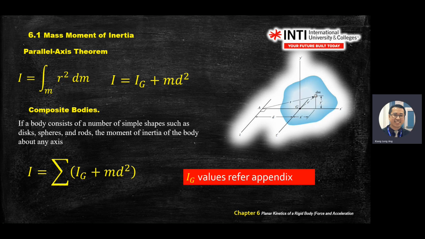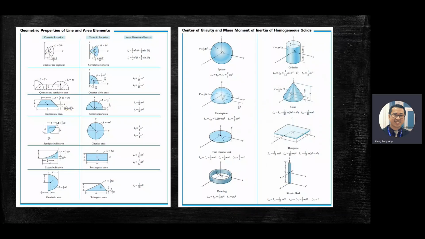And then you need to find the moment of inertia of this one. Okay, it still goes back to the fundamental. I equal to integrate r squared dm. And to find the total, I equal to Ig plus md square. Ig, you refer to the table.